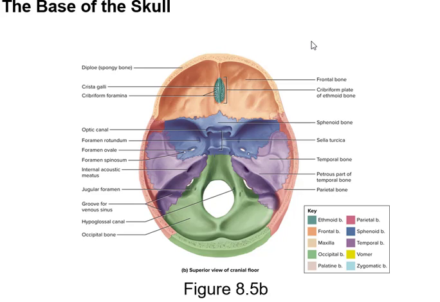This is another really nice colorized picture so that you can see the sphenoid bone right there. You can see the lesser wing and the greater wing. Almost looks like a butterfly. So you can see that. The temporal bone is showing up as purple. The cribriform plate is in the ethmoid bone right there, which is surrounded by the frontal bone.